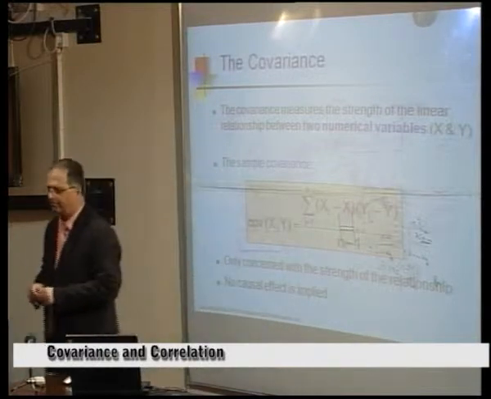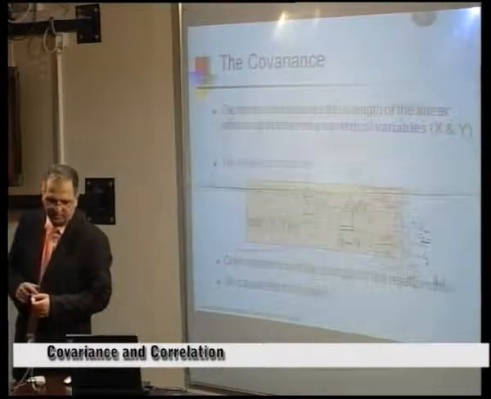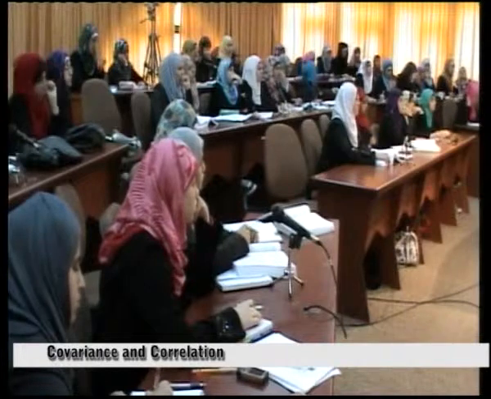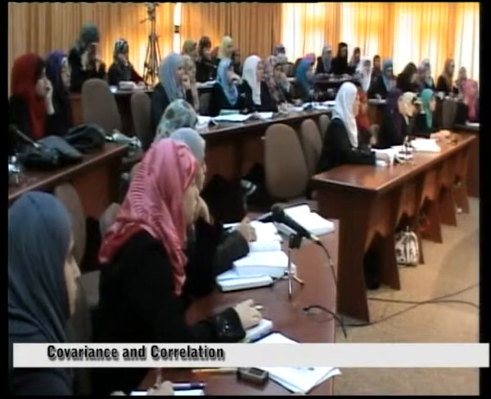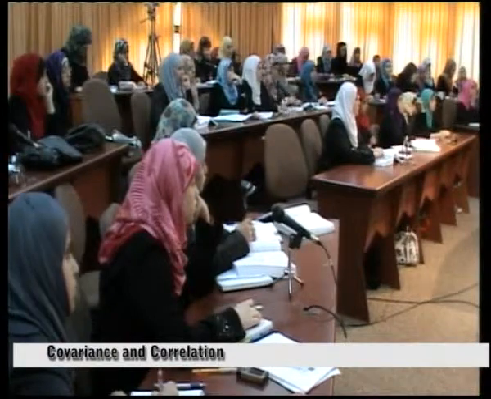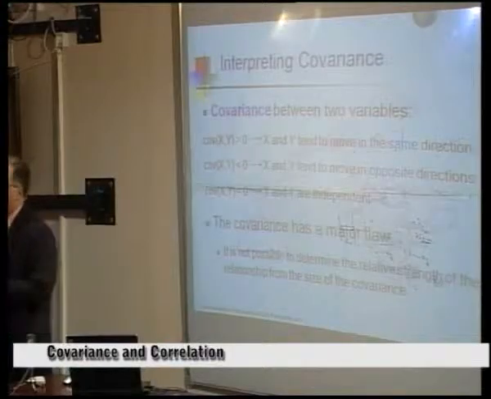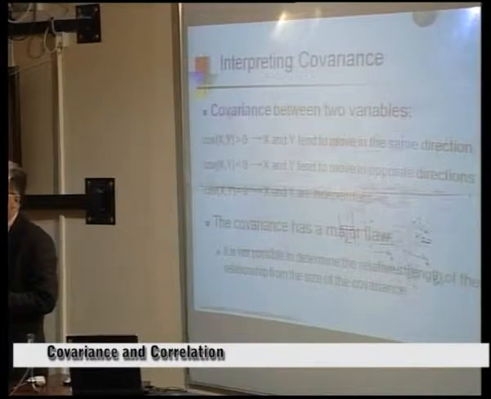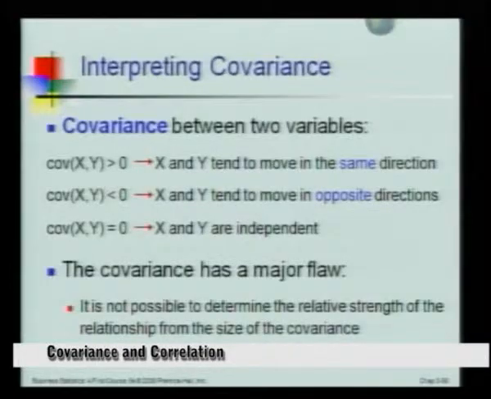That will give the covariance. The covariance is concerned with the strength of the relationship. By using the sign of the covariance, you can tell if there is a positive or negative relationship between the two variables.